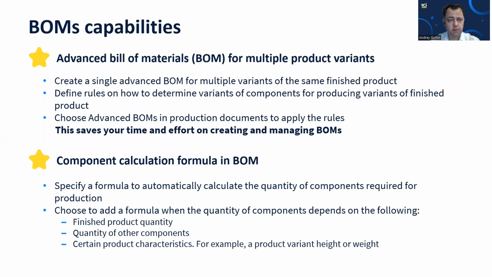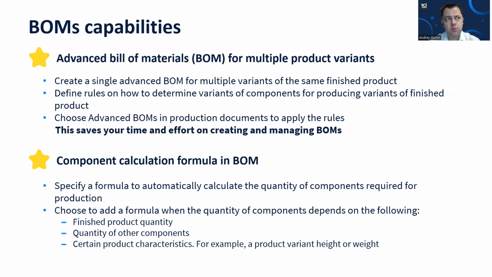So firstly, regarding BOM capabilities, it's called advanced BOMs for multiple product variants. Using it, you can create a single advanced BOM for multiple variants of the same finished product. You can define different rules to determine variants of components depending on variants of the finished product.